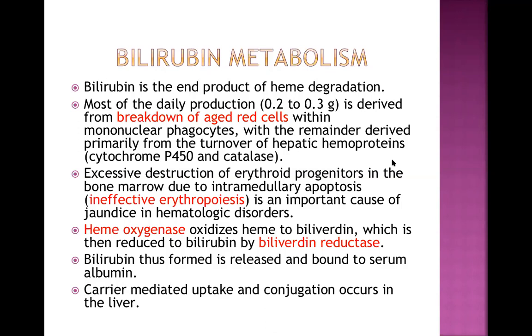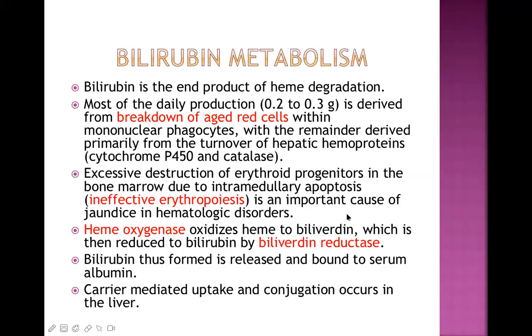After that, all RBCs are destroyed inside the spleen or inside the reticuloendothelial system, and then bilirubin will be formed. This is one way. Another is when RBCs die earlier than expected, like in hemolysis or hemolytic anemia, then more bilirubin will be synthesized.